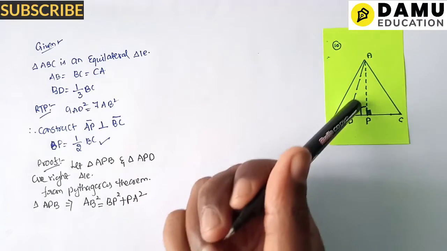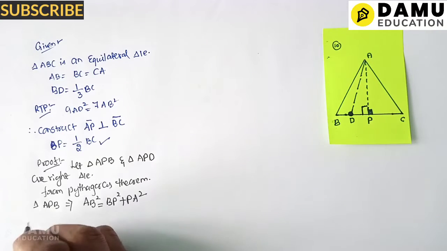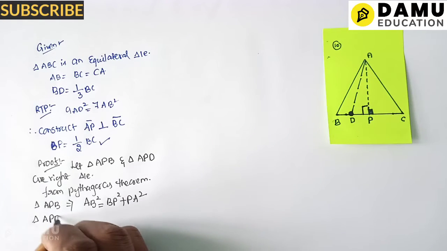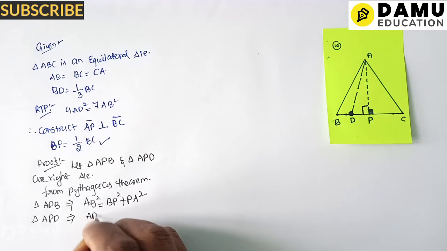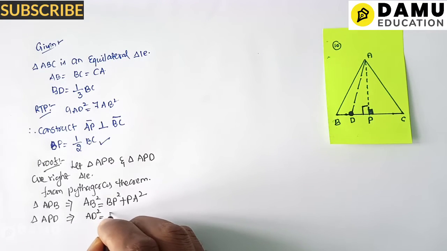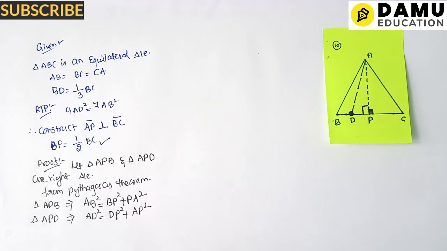So the sum of the squares of these two sides will be equal to AB square. From triangle APD, AD square will be equal to DP square plus AP square, correct?